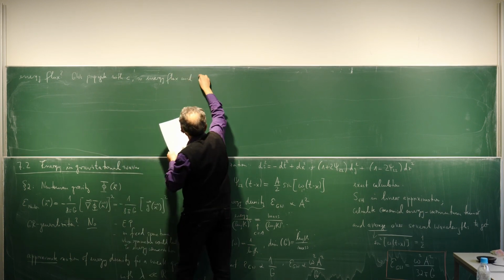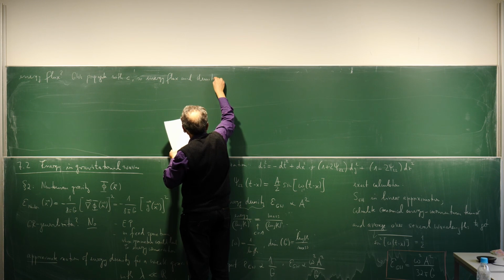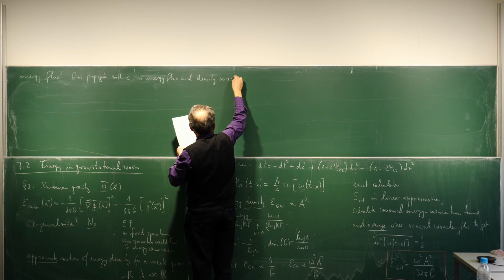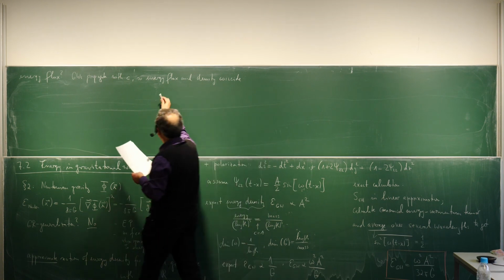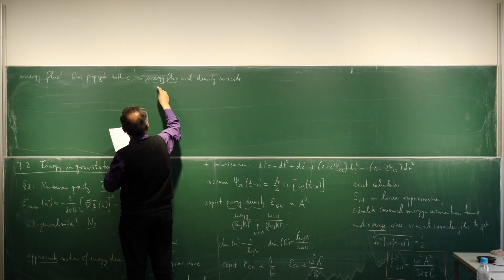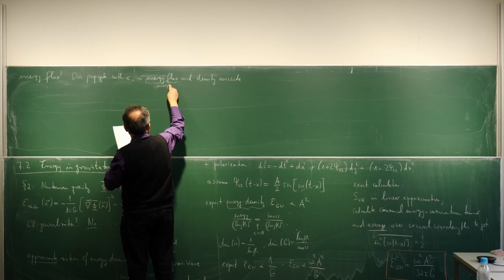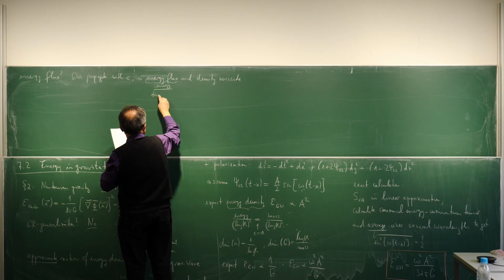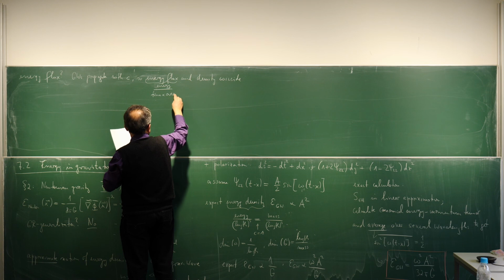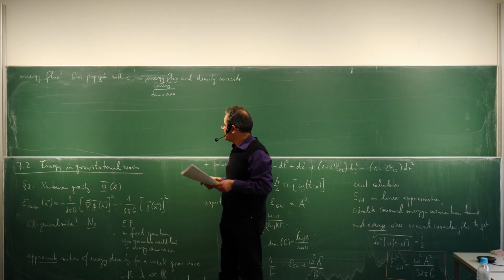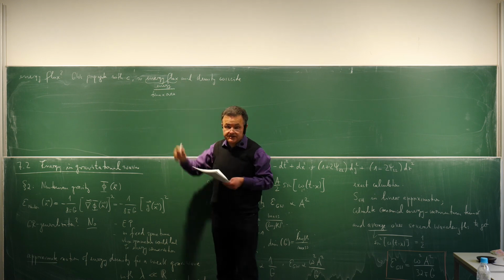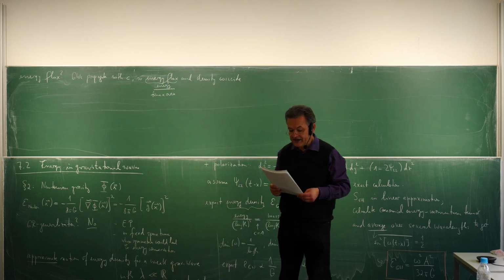Conceptually they are different, but their expressions coincide. Energy flux, you know, is energy over time and area. So for c equals 1, time equals a length, so this has the same dimension as the energy density.